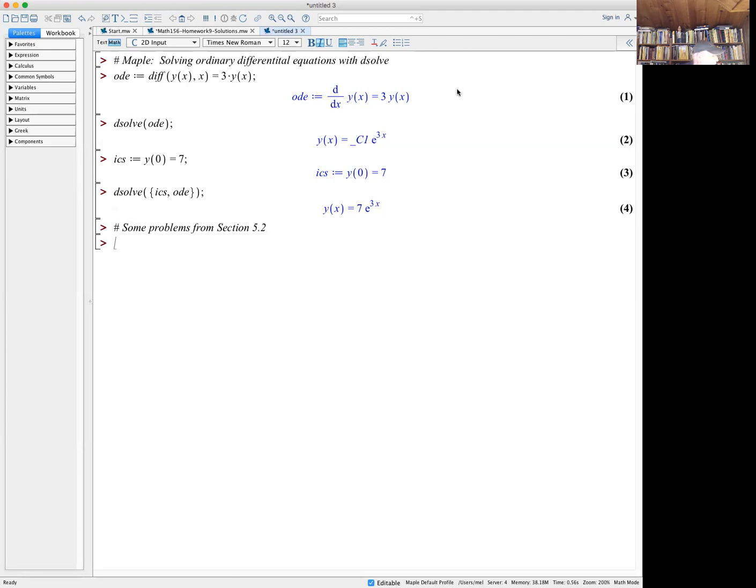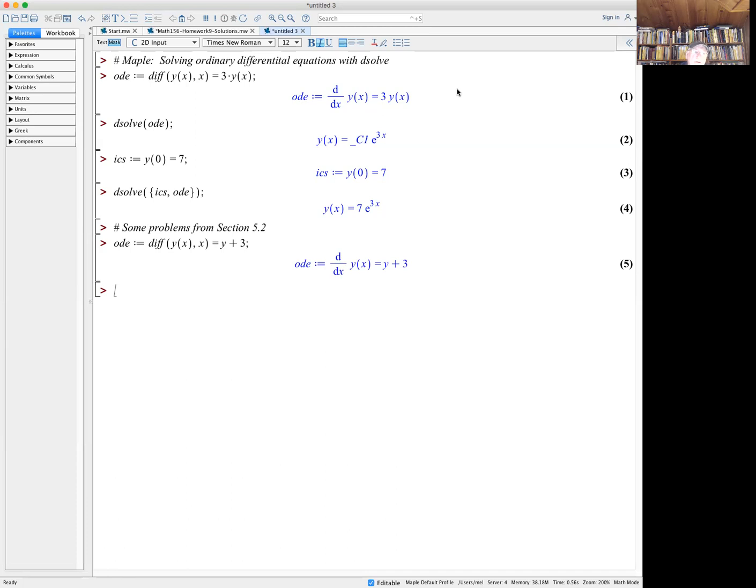So one differential equation is dy dx equals y plus 3. So my ordinary differential equation is going to be the derivative, differentiate y of x with respect to x one time, dy dx equals y plus 3. Right?